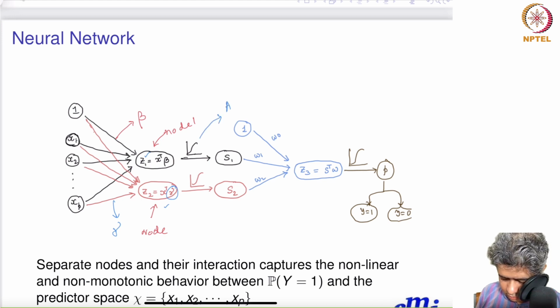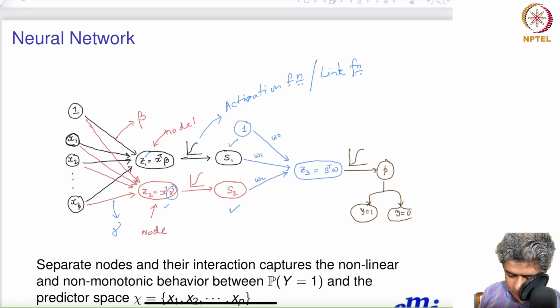Again, each of them will go through an activation function, or in statistics literature a link function. Now we have S1 and S2, and again I can consider an intercept parameter, then omega naught, omega 1, omega 2, that gives me Z3, another node.